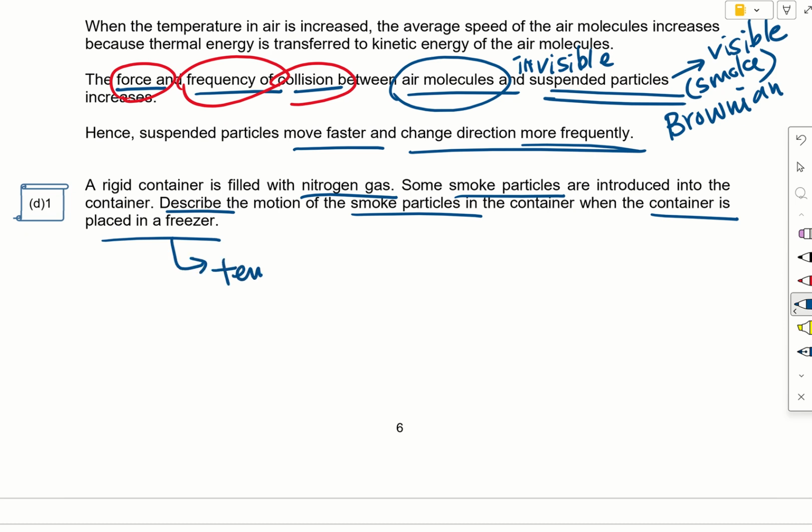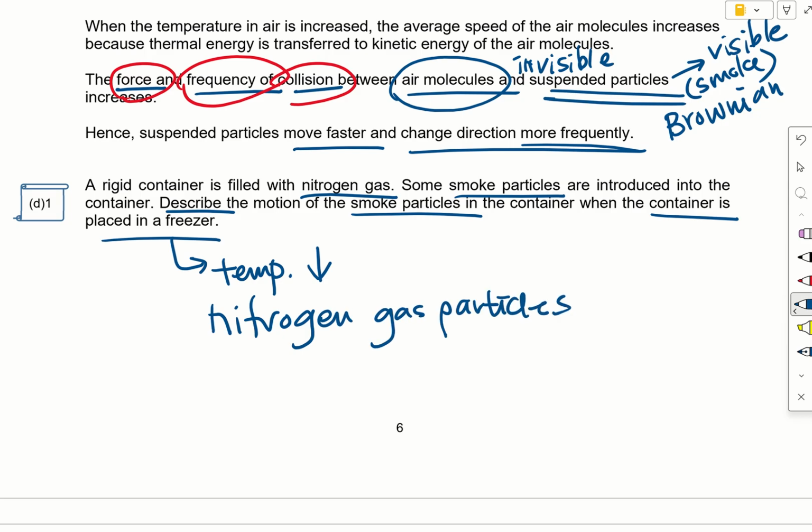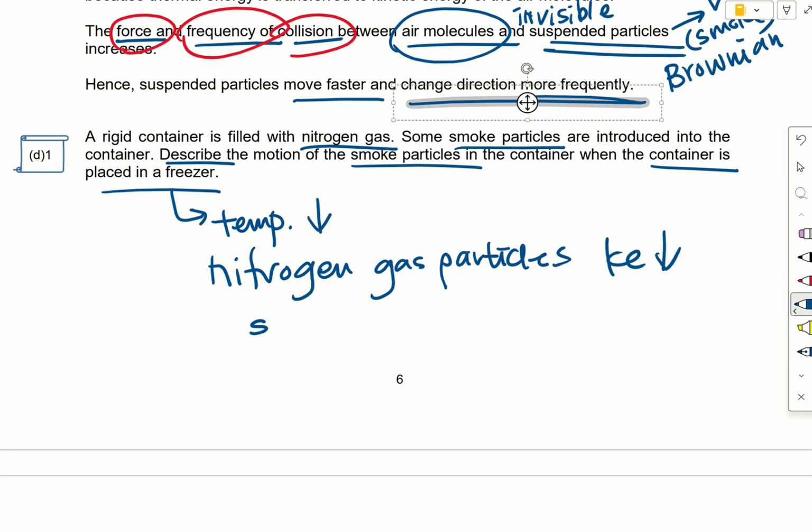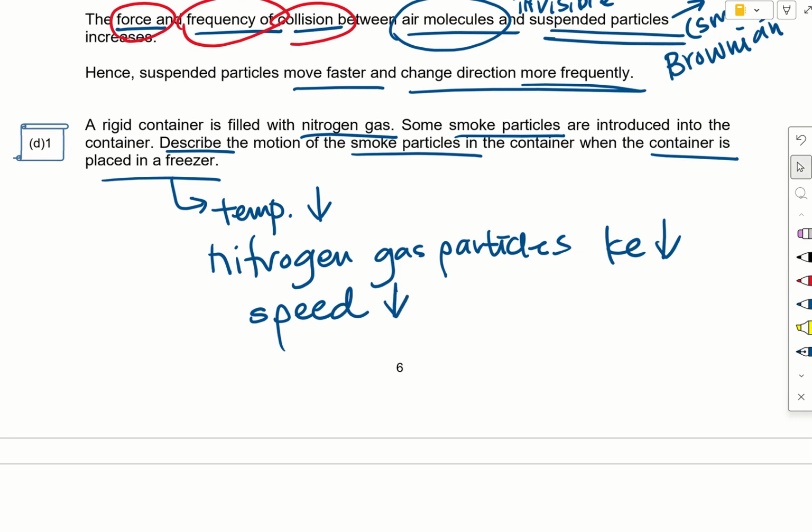The temperature surrounding the nitrogen gas will decrease, and therefore this will lead to the nitrogen gas particles' KE decreasing. So the speed of the nitrogen gas particles will decrease as well, because as KE decreases, speed decreases.